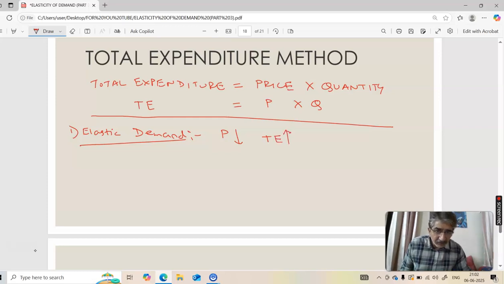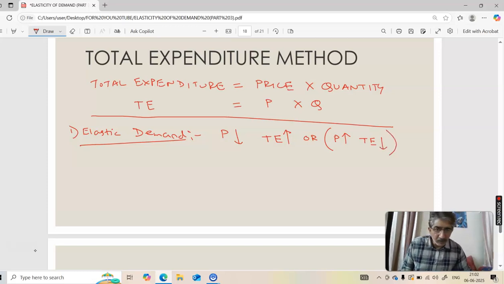Or you can say price rises, and as a result of that total expenditure falls.